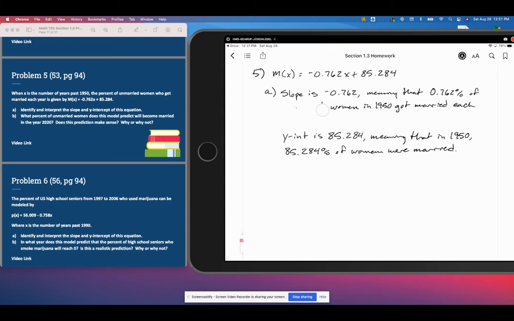So that would mean that after 1950, the slope is negative 0.762, meaning that the percent of married women dropped by 0.762% each year after 1950.